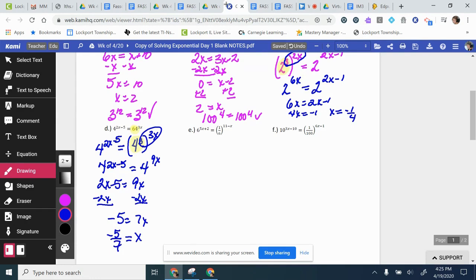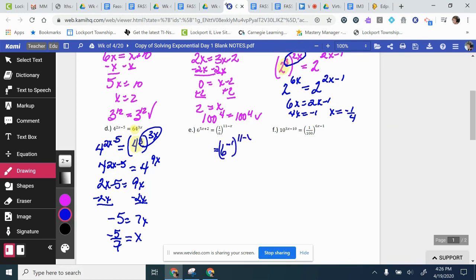This one here, we have two equal powers, but the bases are not the same. You can decide which way you want to go. I think what I would recommend is always working with a whole base. So I would want to rethink this: 1 over 6 is really 6 to the negative 1.